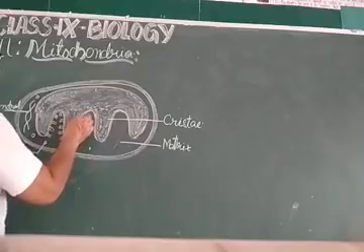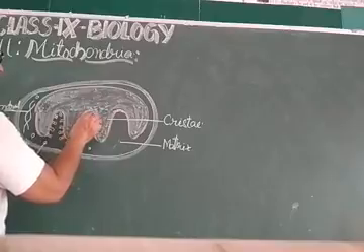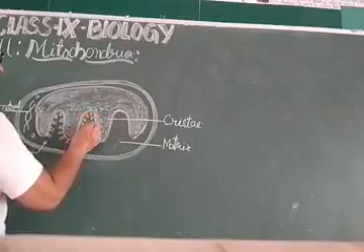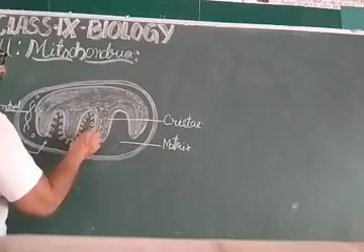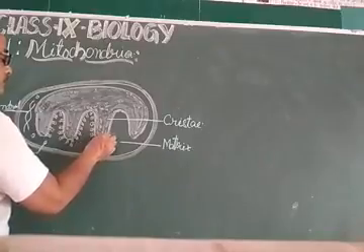Oxysomes are formed here, and these oxysomes are for the facilitation of the oxidation of pyruvate or other intermediate food.